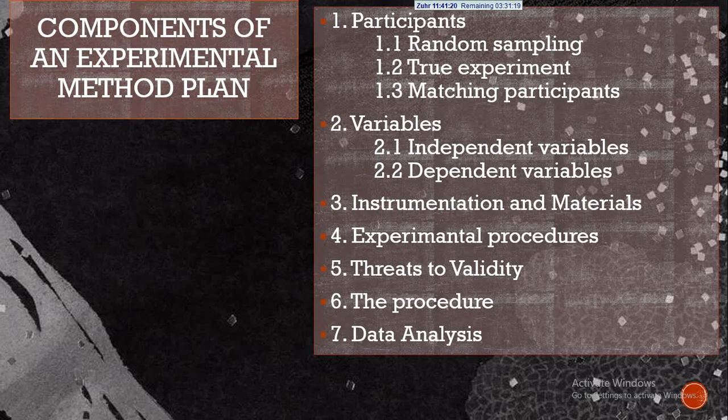This procedure eliminates the possibility of systematic differences among characteristics of the participants that could affect the outcomes, so that any differences in outcomes can be attributed to the experimental treatment.